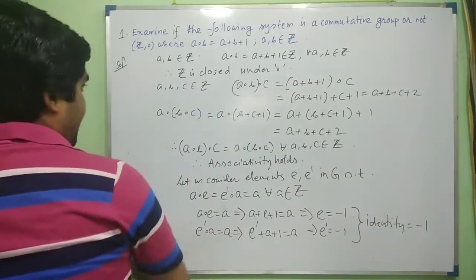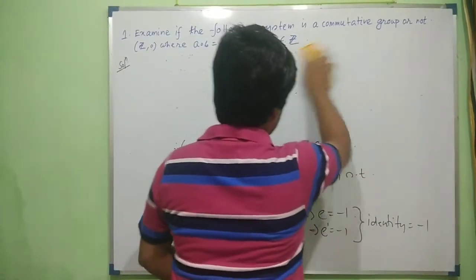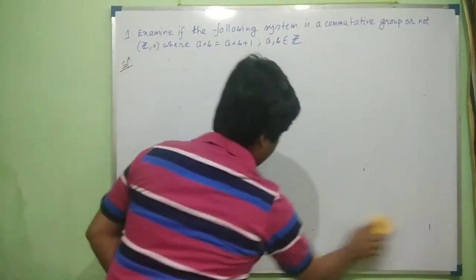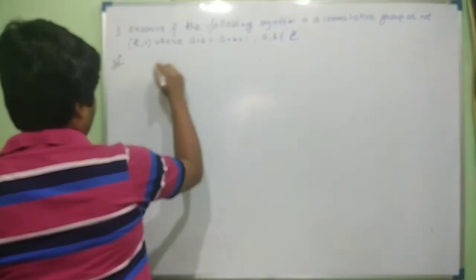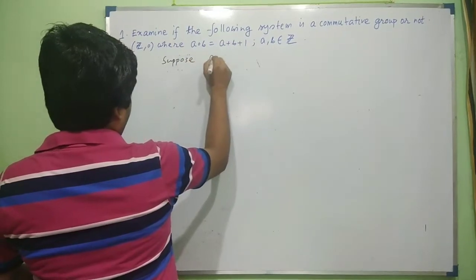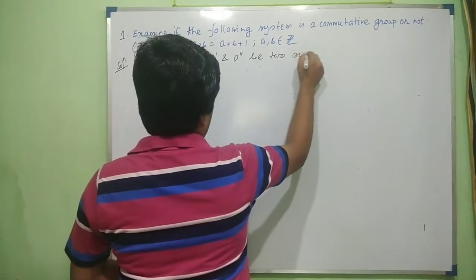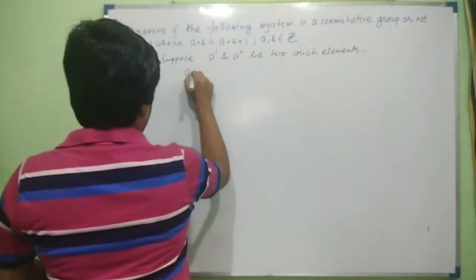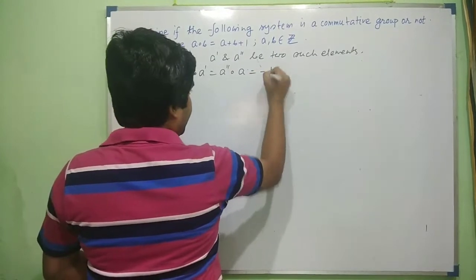So for this we can see that, suppose A dash and A double dash be two such elements that A naught A dash equal to A double dash naught A equal to identity, that is -1.